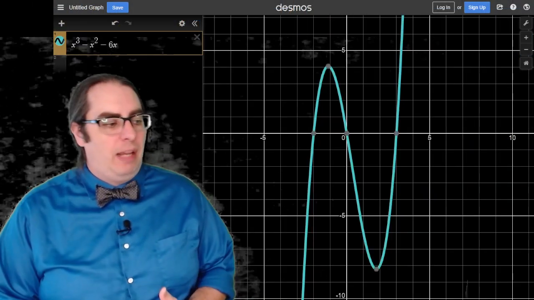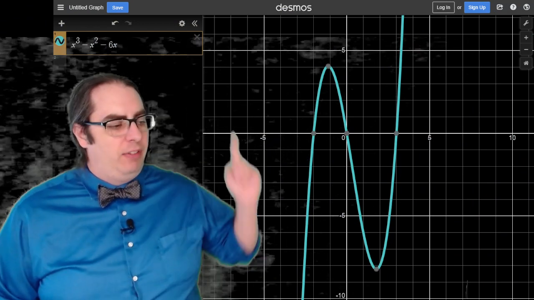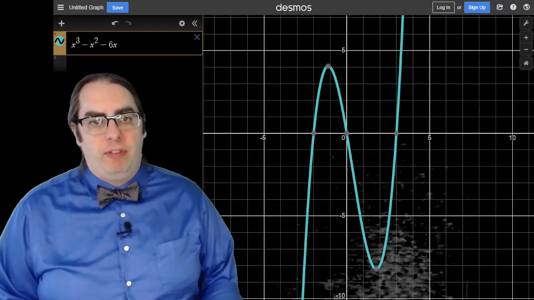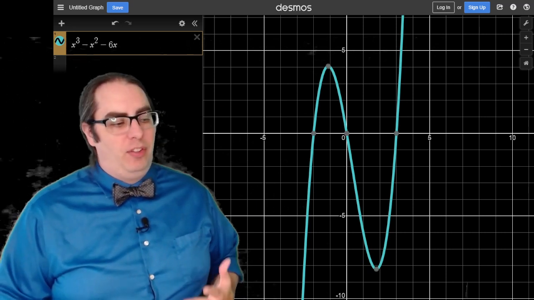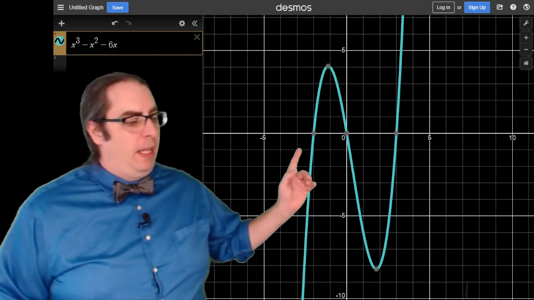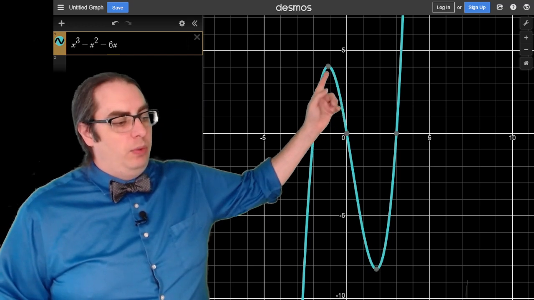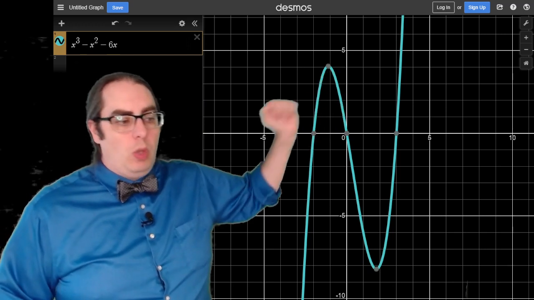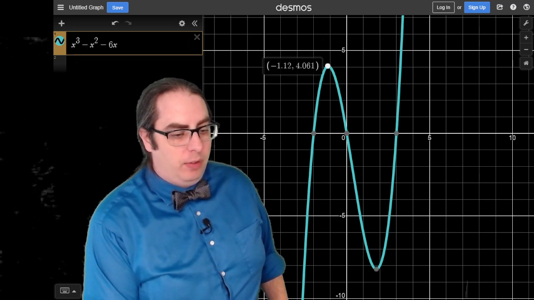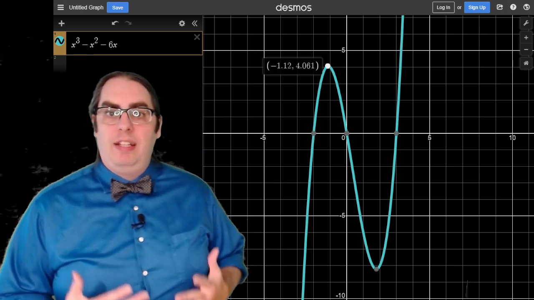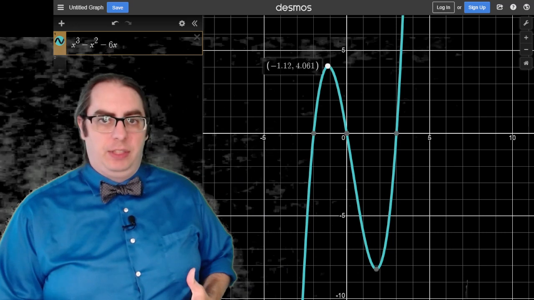All right, so here I am in Desmos. I have a function graphed. You can see the particular function above my head, but it doesn't really matter. All that matters is that it is a function. And we have a point right here where the graph turns around. That point is a relative maximum of the function.